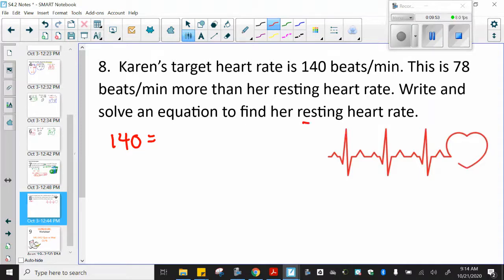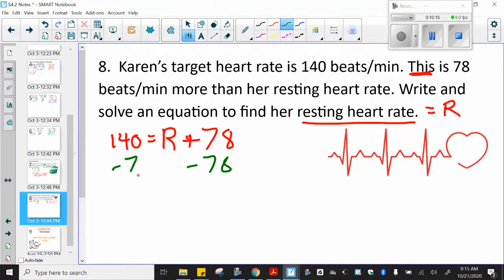Let's do resting heart rate equals R, capital R plus 78. So we have resting heart rate plus 78 heartbeats per minute is equal to this. This was Karen's target heart rate. So we have it right here. Let's solve. Minus 78, minus 78. All right.